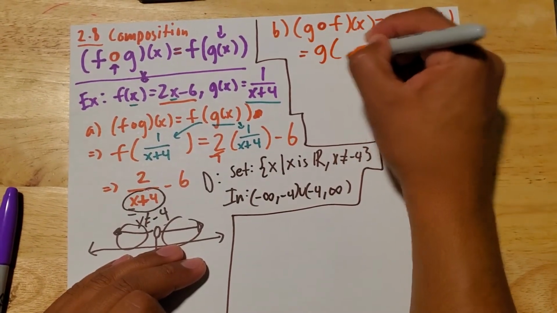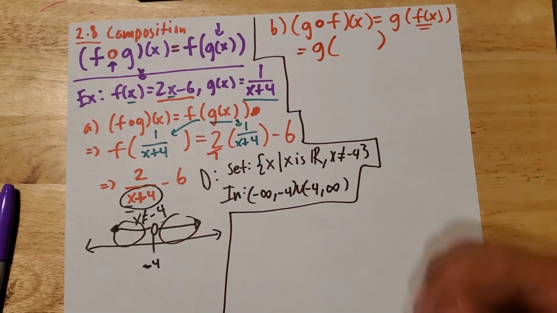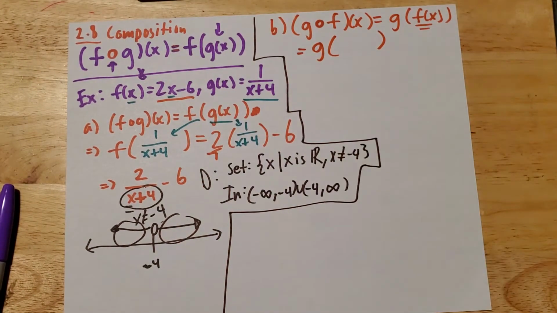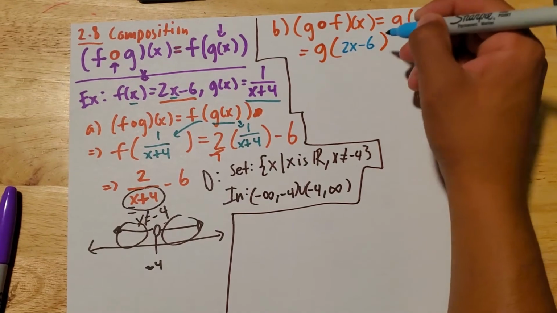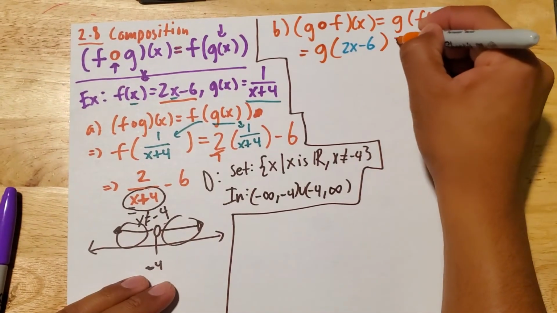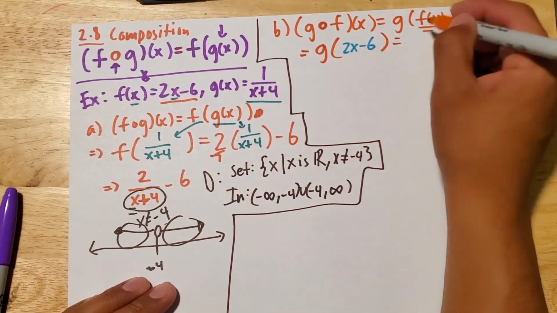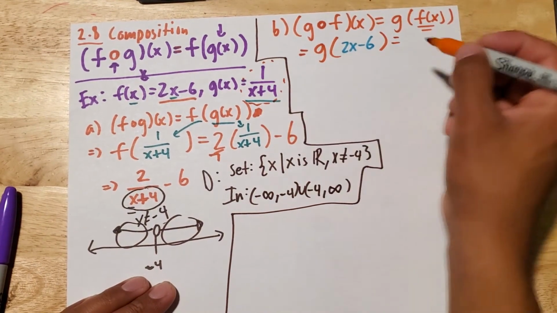I can do g of, and then whatever f of x is, I can plug that in now, which I know f of x is 2x minus 6. So what that means is everywhere I have an x for g, I'm going to replace it with this 2x minus 6. And I know g is equal to 1 over x plus 4.